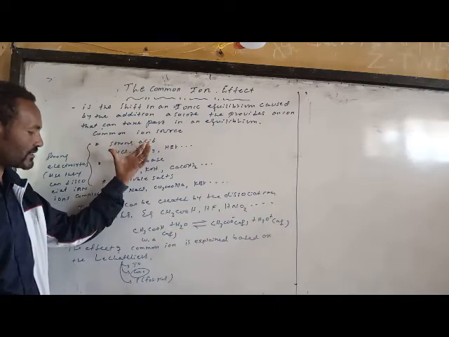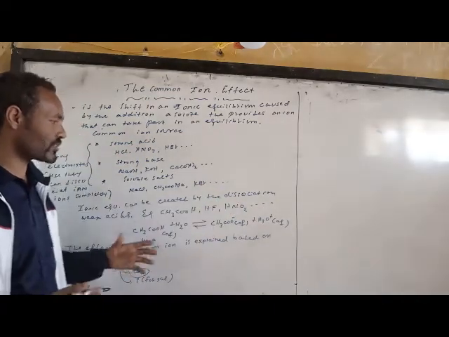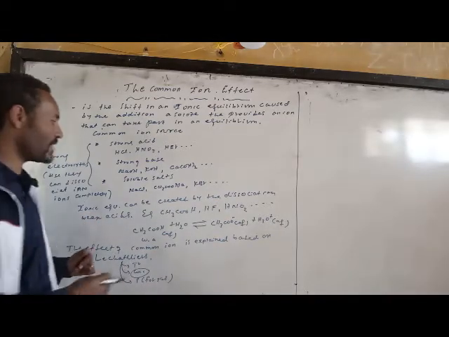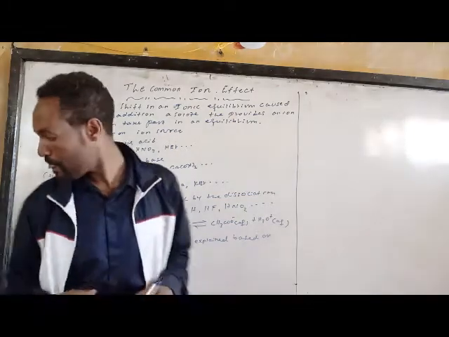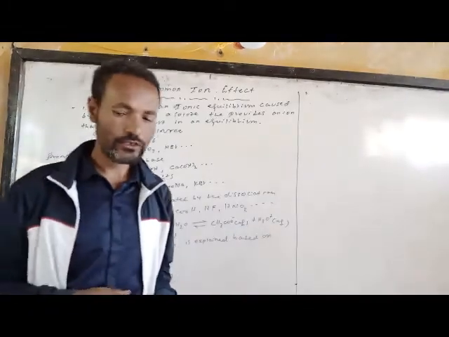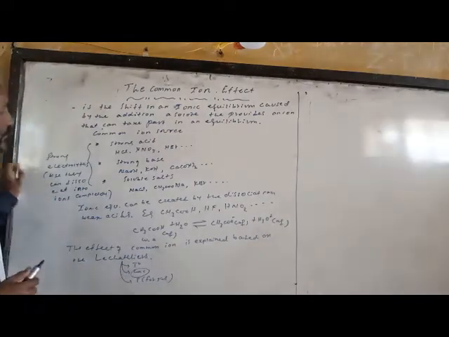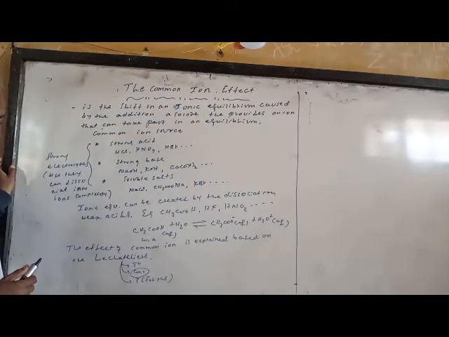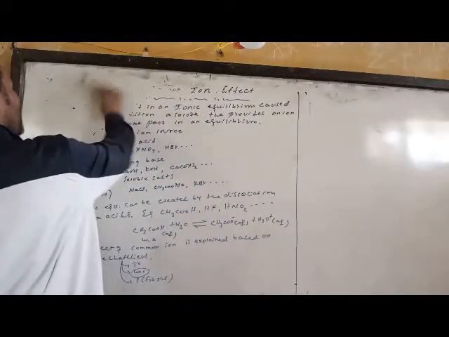These common ions will affect the concentration of the species in the equilibrium so that the equilibrium can shift either to the reverse direction or to the forward direction. So let's see some of the examples that affect the chemical equilibrium.